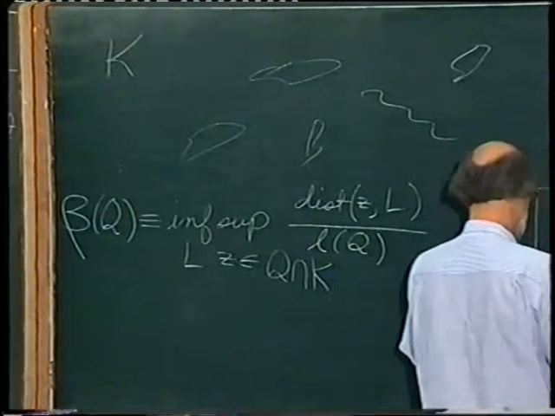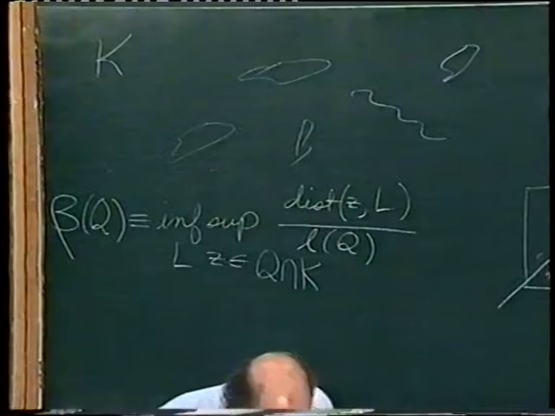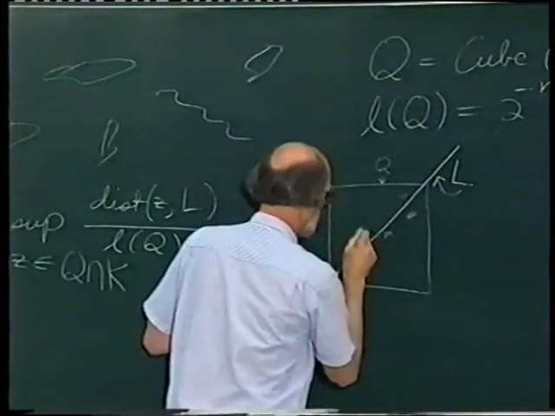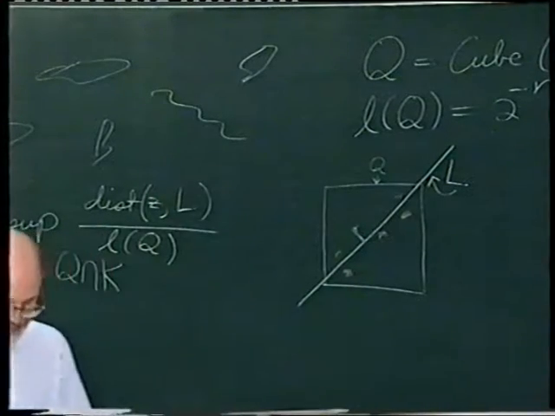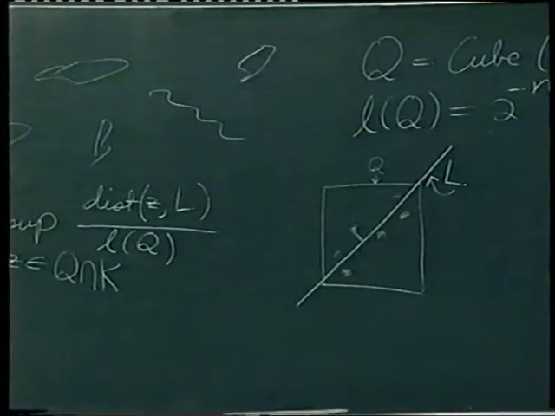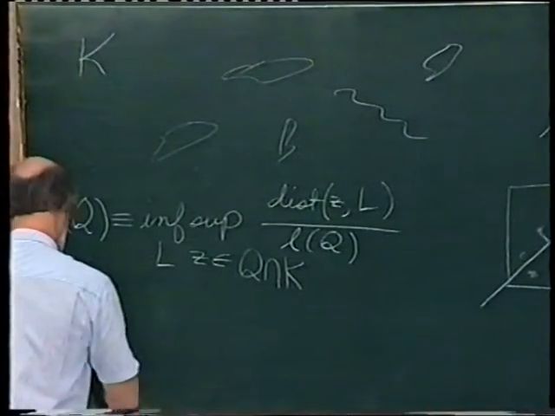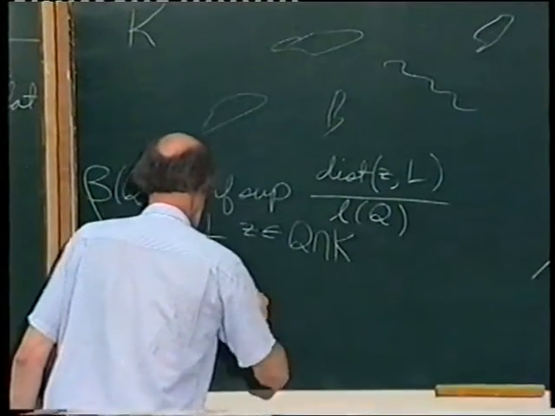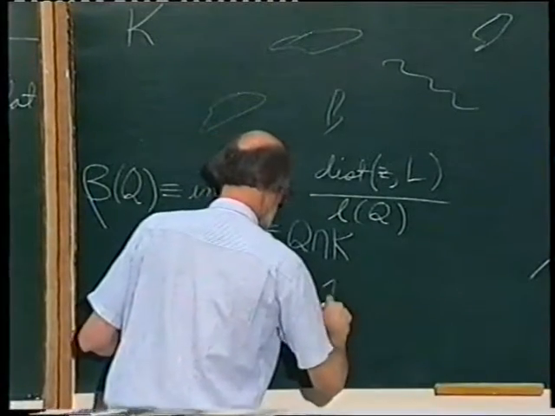Okay? So in this picture, we're just looking, after we pick a line, for the worst point. Here it is. And we're computing this distance, and now we're rescaling. So this number is dimensionless, which is redundant, right? And this is simply some number between 0 and, it's actually a half.